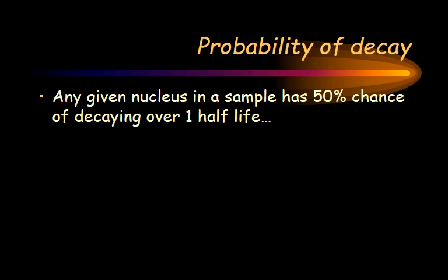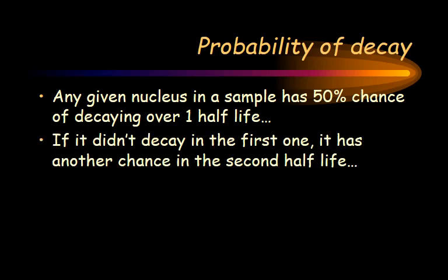Each nucleus has a certain chance, but we don't know what's going to happen to it. It could wait for a bunch of half-lives. But within that half-life, half of those have to decay, so it's got a 50% chance. If it didn't decay in the first one, it has another chance in the second half-life.